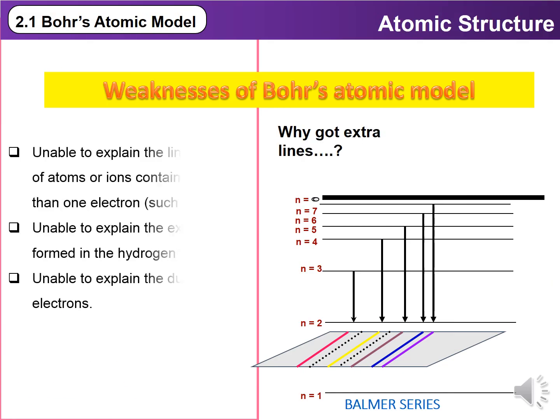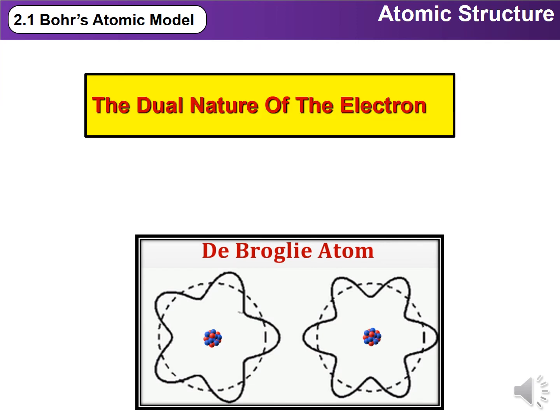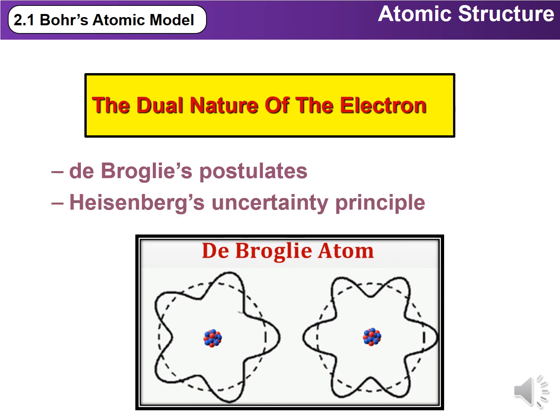Then they explain using Bohr. And another weakness is that the electron has two characters, dual nature. To explain that, we have de Broglie and the Heisenberg uncertainty principle.